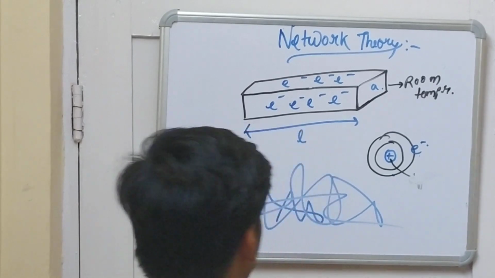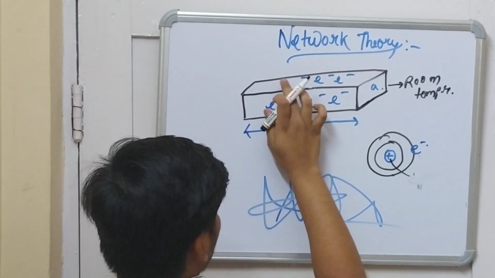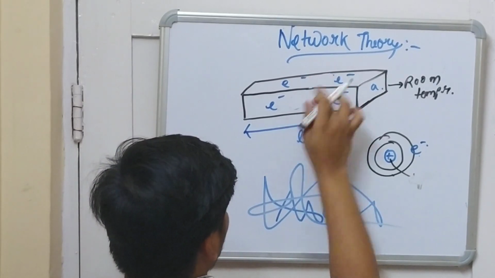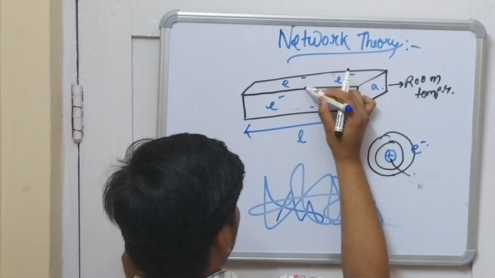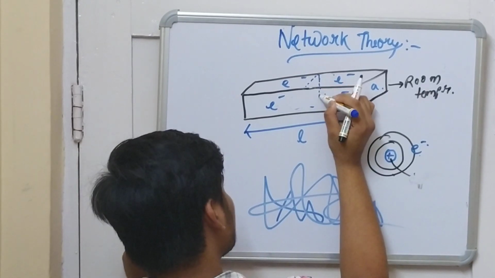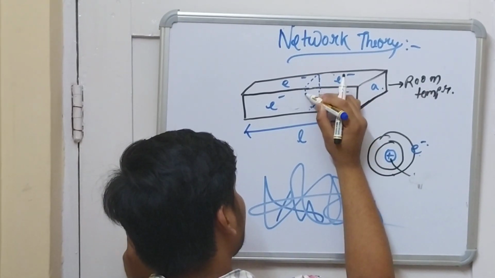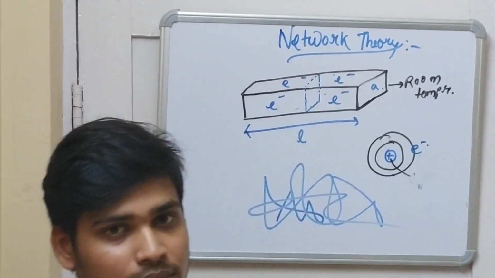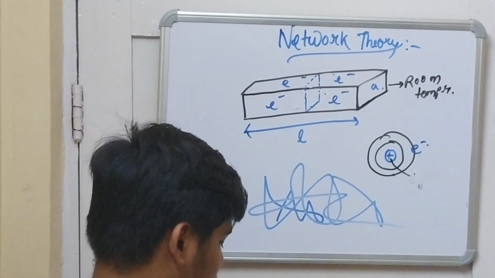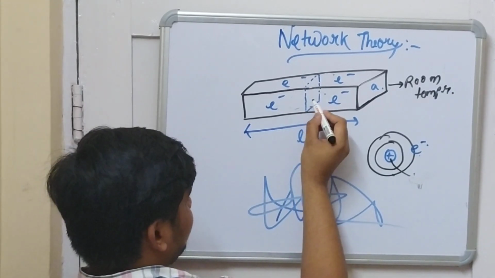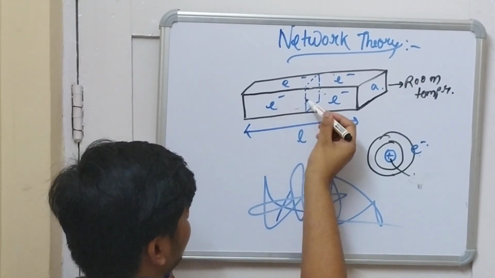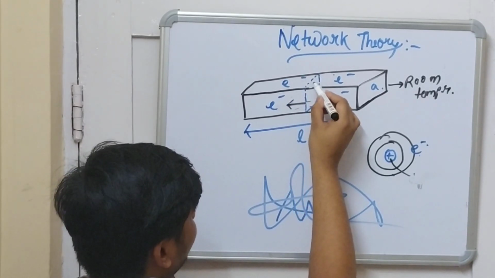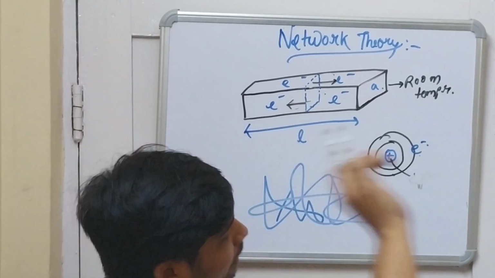Now suppose we assume a cross-sectional area. As these electrons are in random motion, the net flow of charges in this direction will become equal to the electrons moving in that direction.